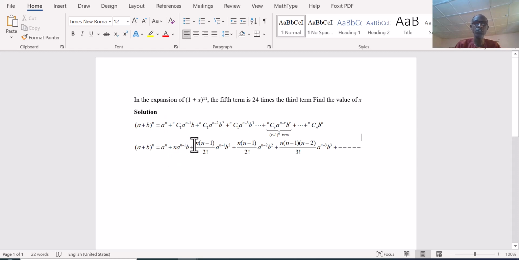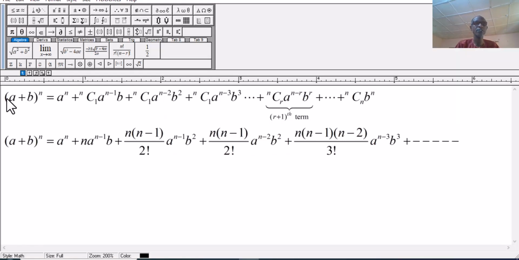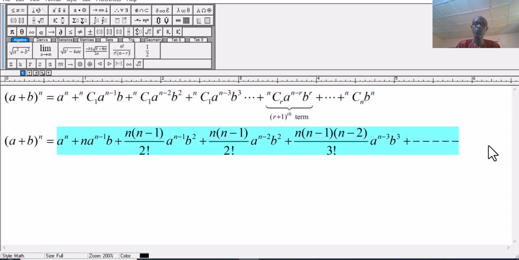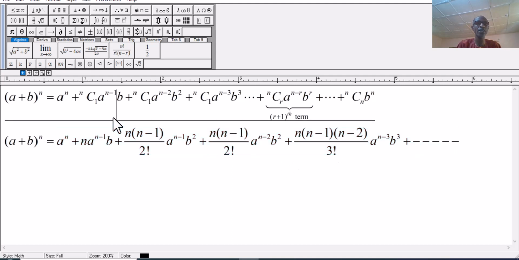Before we start solving this, I need to explain the binomial expansion of (a + b)^n. You can use either this pattern or this pattern. Both of them are correct when we are expanding. We normally use this first one if our n is greater than 1, but even if n is less than 1, we normally use this pattern.